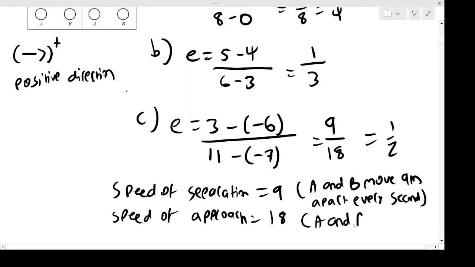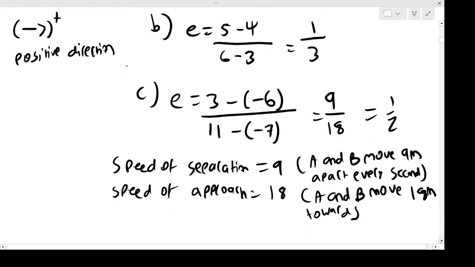Okay, so A and B move 18 meters towards each other every second, okay? And that's essentially what these two speeds mean. Okay, so hopefully that helps to reinforce what exactly is going on here, and so what these two speeds mean.